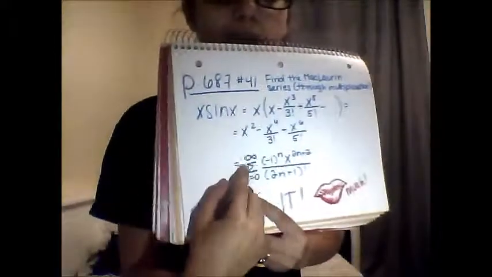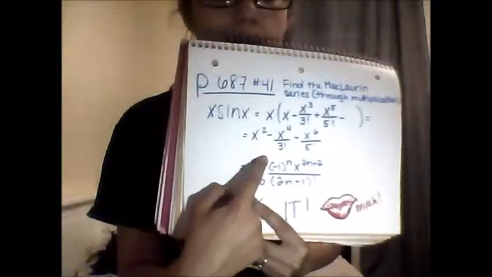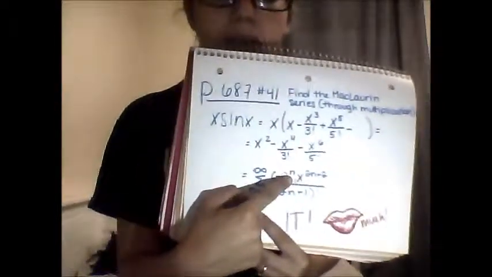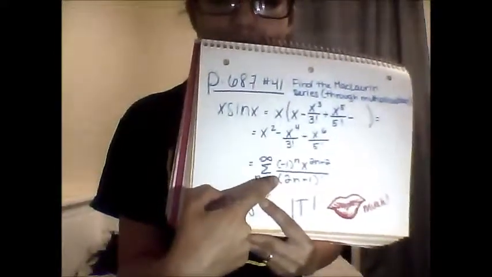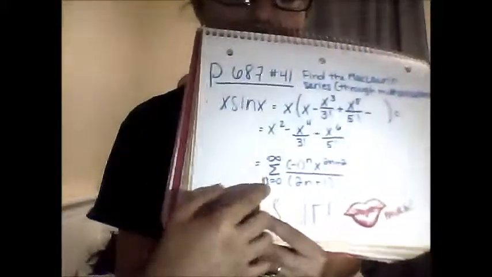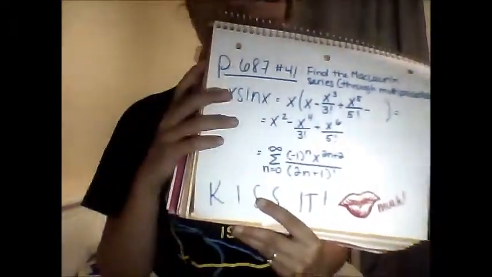You know that your signs are alternating, so you know that you're going to have some sort of negative 1 raised to an n. You look at your exponents for x, and then you look at your denominators and how the factorials are changing, and it then ends up looking like this very pretentious math equation that I just poorly circled with my finger.